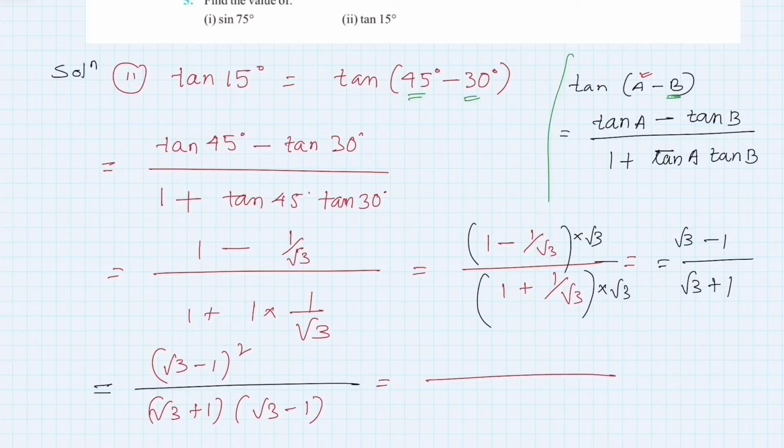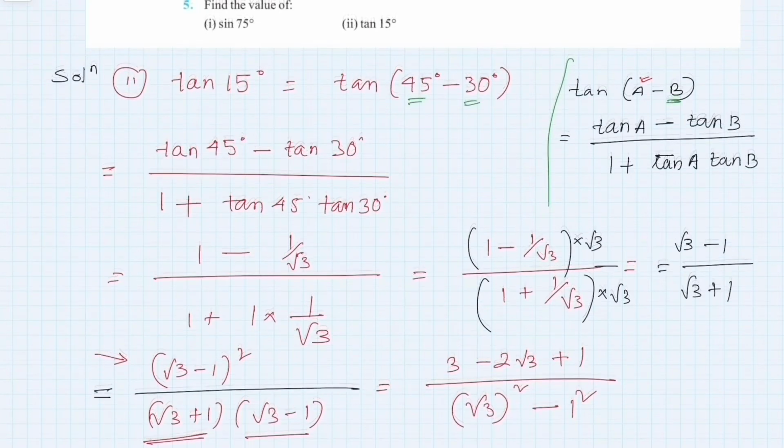Here we are going to apply the (a minus b) whole square formula. It gives 3 minus 2 root 3 plus 1. In the denominator we apply the (a plus b) into (a minus b) formula, that is a square, root 3 square, minus b square, 1 square. Which is equal to (4 minus 2 root 3) by (3 minus 1).